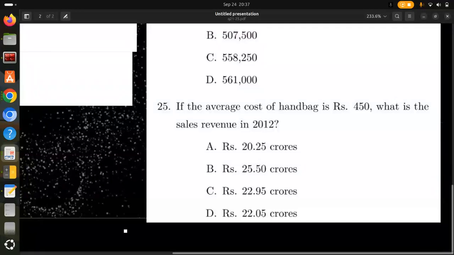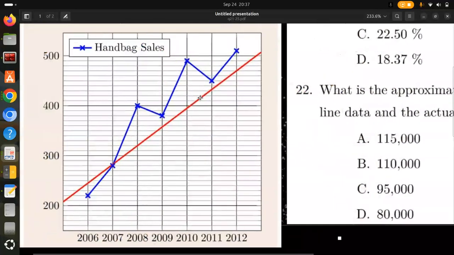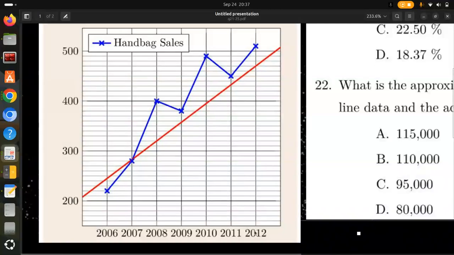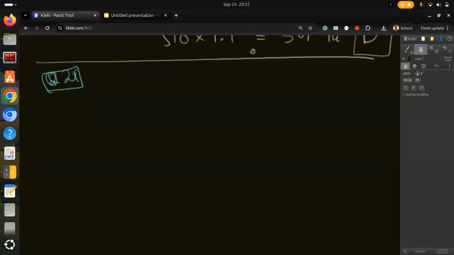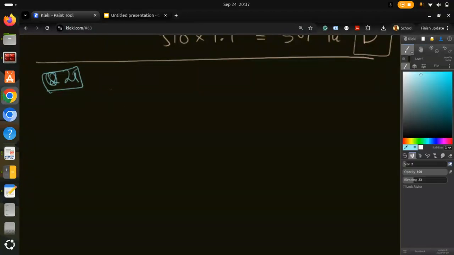What is the number of units sold in 2012? In 2012, the number of units sold is 510. You can see it is above 500, so looks like 510. I'll just assume it to be 510. So sales in 2012 is 510 units.